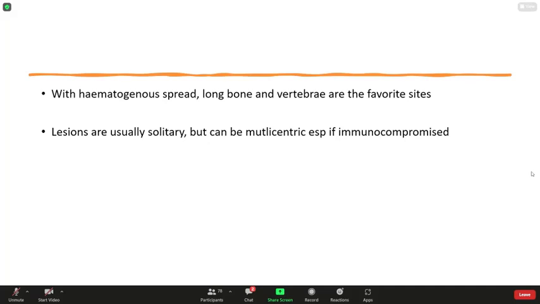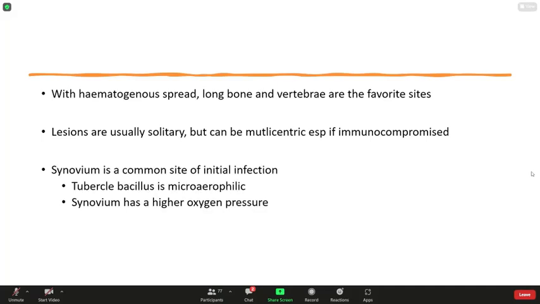But if the patient is immunocompromised, these patients can get multicentric disease.